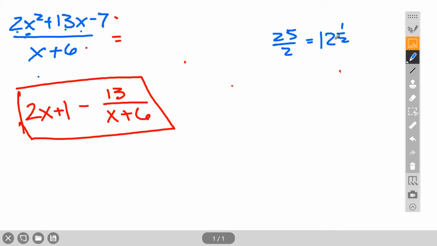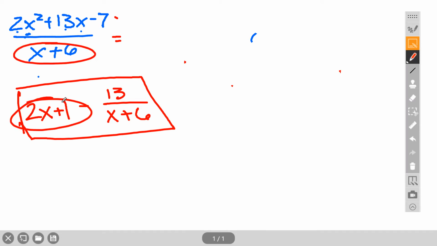If we want to know if this is correct, we would multiply the 12 by 2 and then add 1. And if we got 25, then we're correct. 2 times 12 is 24, plus 1 is 25. Well, it's actually the same exact way for polynomials. We're going to multiply the x plus 6 and the 2x plus 1, and then we'll subtract 13, and if we get this, then we've done this correctly.